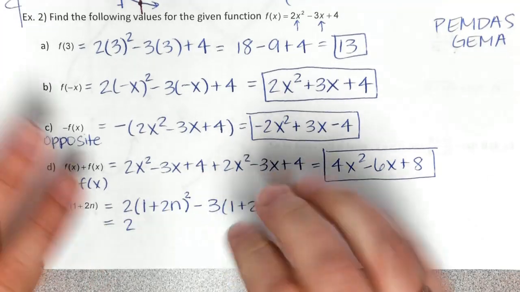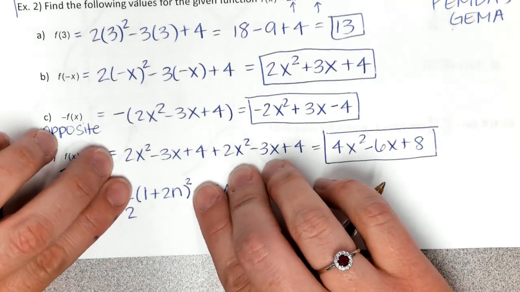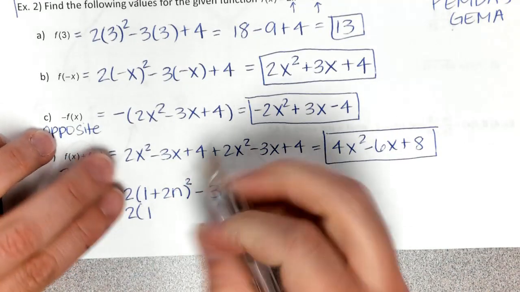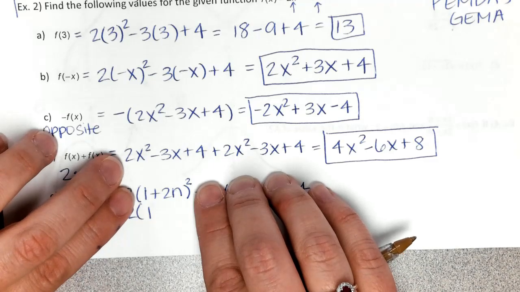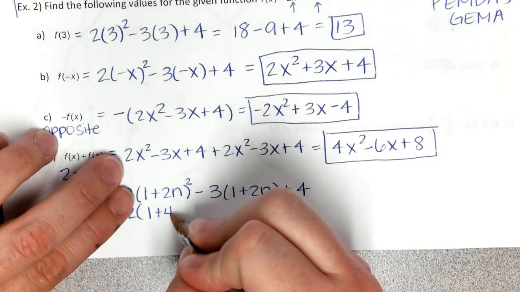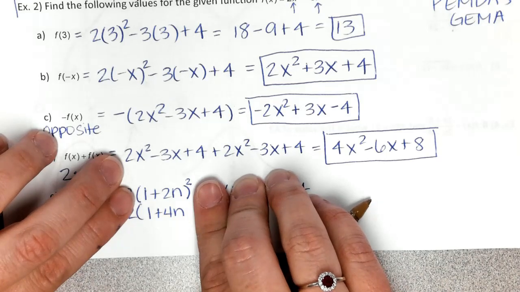The first thing I'm going to do is I'm going to square this. Let's talk about this. What's 1 times 1? 1. What's 1 times 2n? 2n. What's 2n times 1? Also 2n. So you have 4n now. What's 2n times 2n?